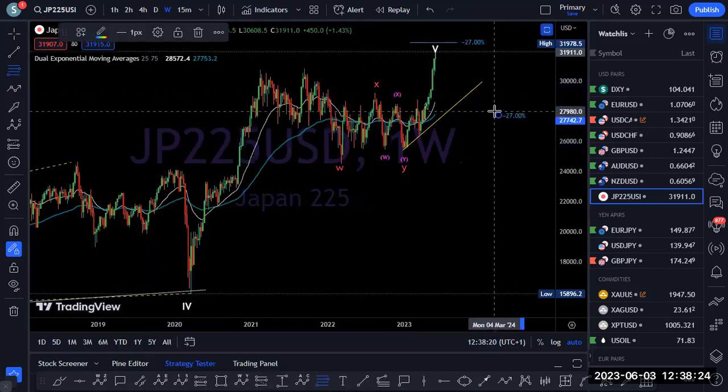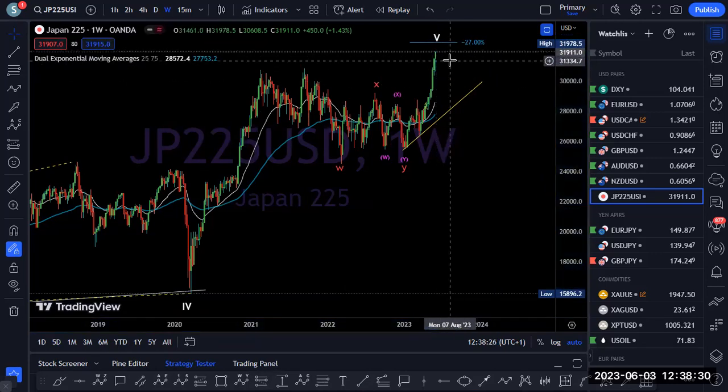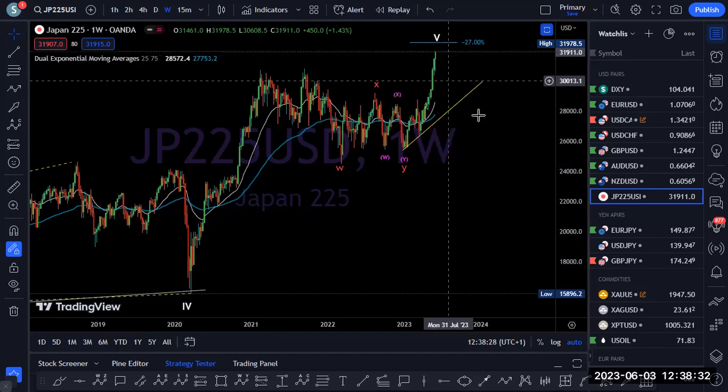Okay, so maybe we are completing a pattern here. Don't know how far it will go, but once this completes, then look out for a very big drop.